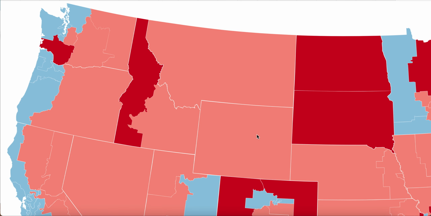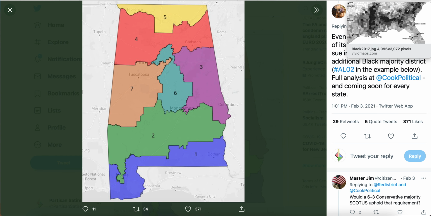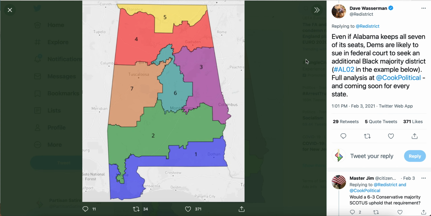And you can see that this new map also correlates with the Black American population share. As you can see, the 2nd district goes through right here in the lower area of Alabama, while the 7th district continues to have this area, which has a high population count of Black Americans.